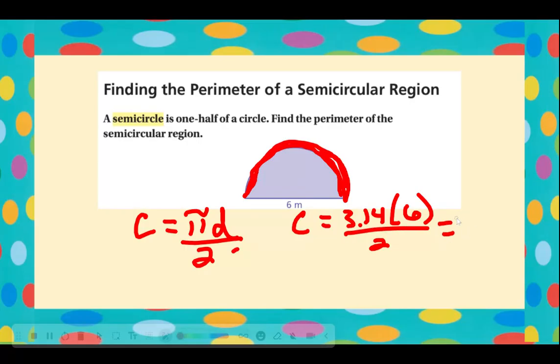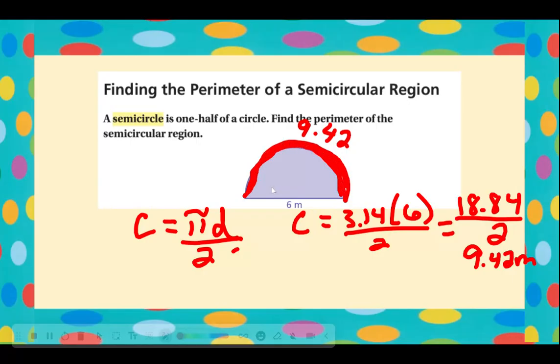So 3.14 times 6 is 18.84 divided by 2. So cut that in half. So that's 9.42 meters. So that's this part here. The arc here is 9.42. We want to find the perimeter, so we need to add it to the 6.